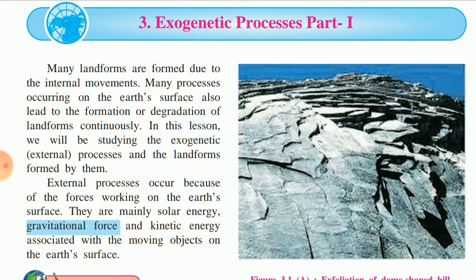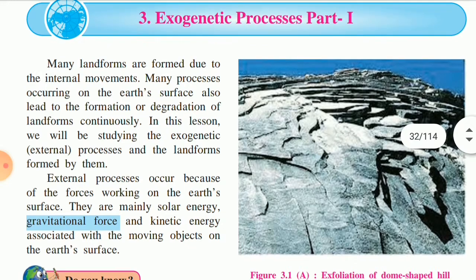In the same way, our earth's internal process goes on, and therefore we have seen that the continents, mountains, plateaus and plains are formed. Because of this exogenetic process, several landforms are created, and these we are going to study through this lesson.